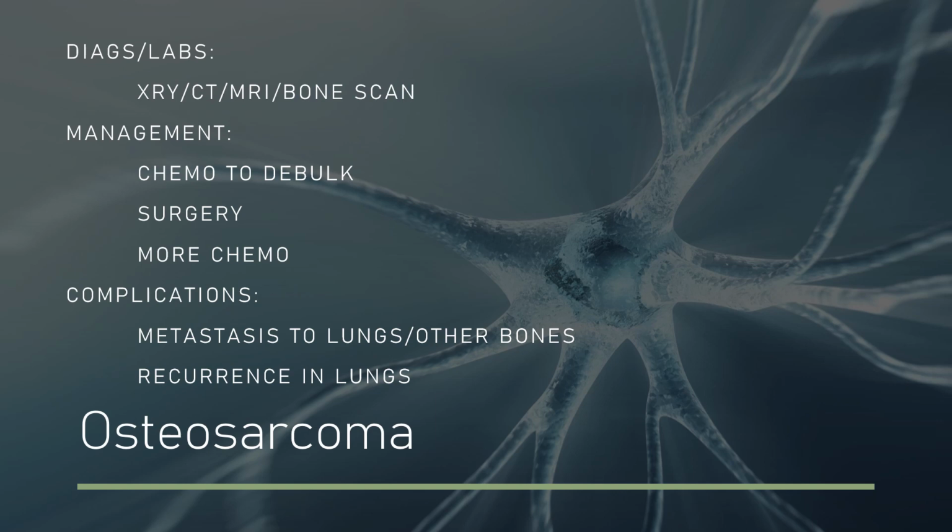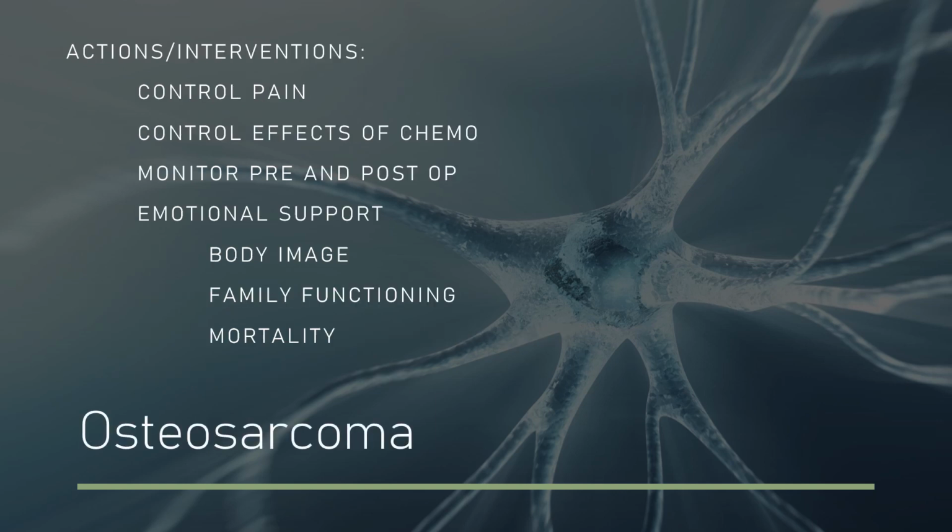The complications of osteosarcoma are metastasis to the lungs and other bones, and it does tend to recur after induction chemotherapy and surgery. It recurs in the lungs. The actions and interventions are going to be to control pain. They're going to have preoperative pain, postoperative pain, and pain caused by the effects of chemotherapy.